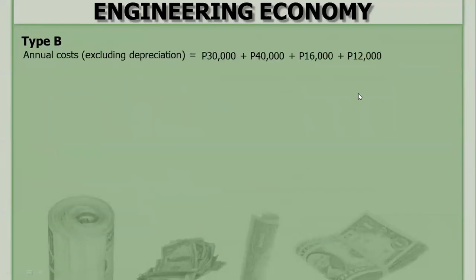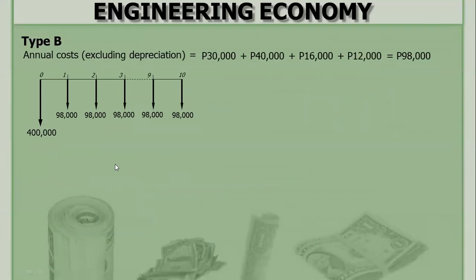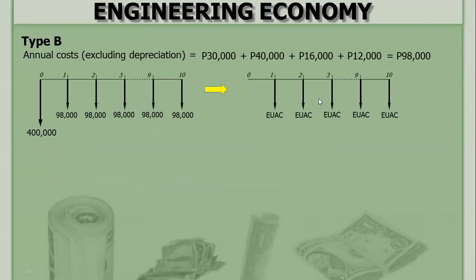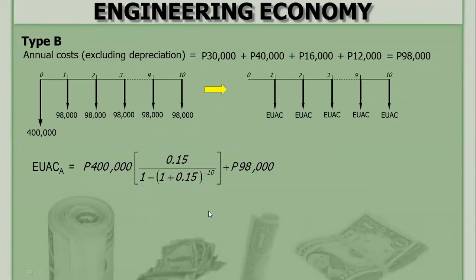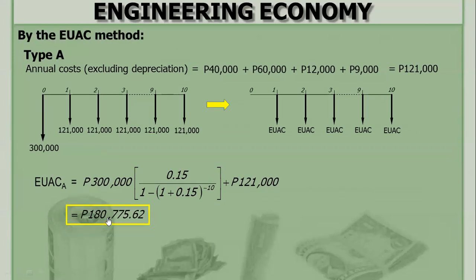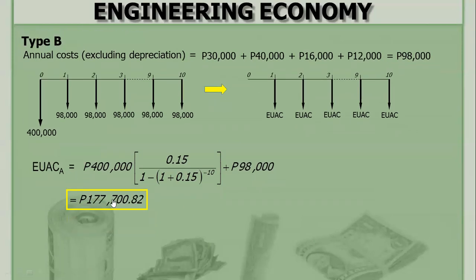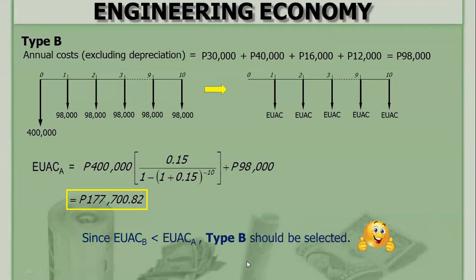For type B, same, 98,000. And then convert the 400,000 as well, convert it to an annuity plus 98,000. 177 against 180. So B is smaller.